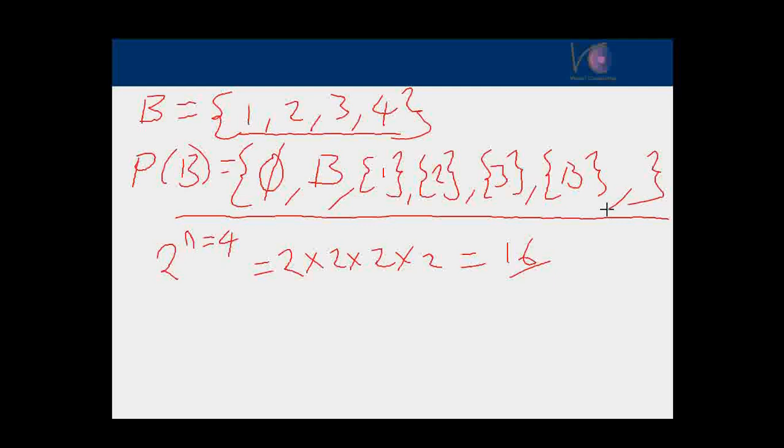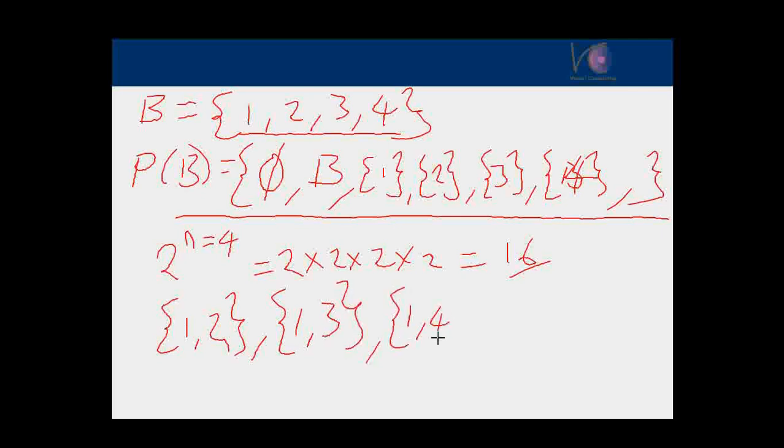The next will be a combination of two elements. The next set can be {1, 2}, the next one {1, 3}, the next one {1, 4}. So we are done with 1. And remember, the elements need to be distinct.